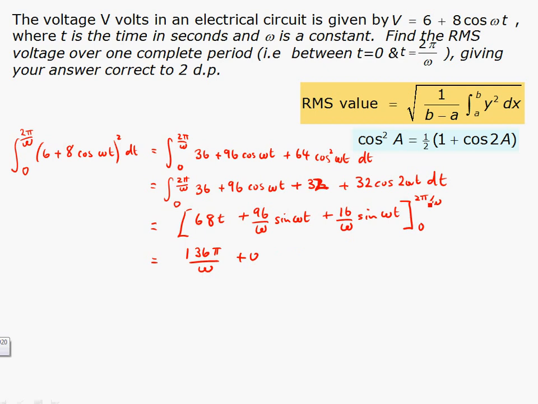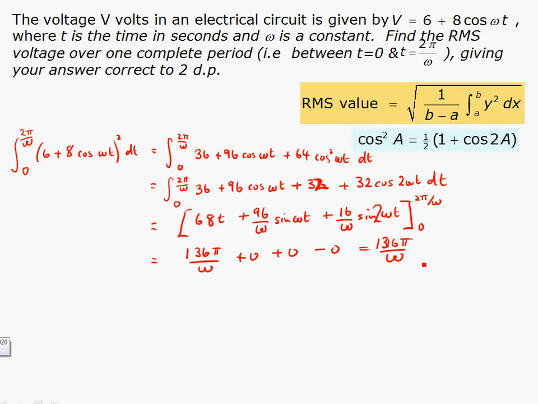And similarly, oh, I've missed a 2 out there, haven't I? Should be a 2 in, because cos 2 omega t becomes sine 2 omega t. If I put 2 pi over omega in there, I'm going to get sine of 4 pi, which again is 0. And the sine of 0 is 0, so when t is 0, it's 0, and we'll get a minus 0. So we end up with 136 pi over omega. That's the value of that integral.